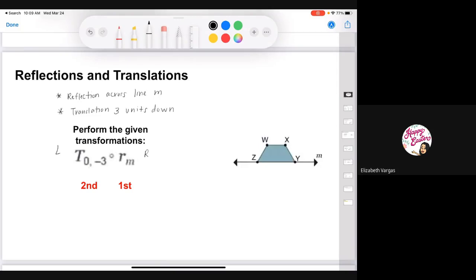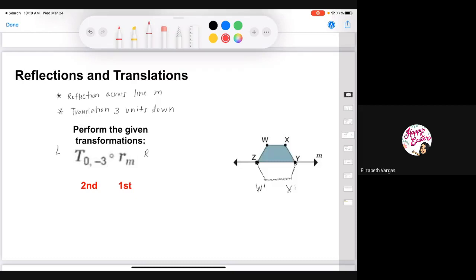If I wanted to perform that here, the first one would be a reflection across line M. So it will look something like this. Let me see if I can draw that a little better. Okay, right there. That's my first transformation, my reflection across line M. I can label this W prime, X prime, and Z and Y would stay the same. I just use one prime notation because that's my first transformation. What's my next transformation? It tells me to translate 3 units down.